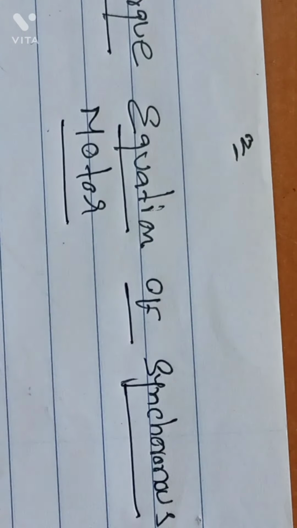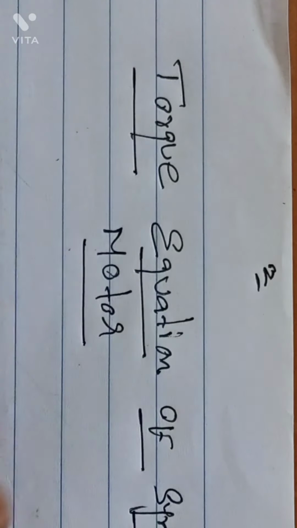So this is the special torque equation. Why I'm telling this is a special torque equation means this torque equation is found from the phasor diagram of the synchronous motor. Okay. So now first we see the phasor diagram or vector diagram.